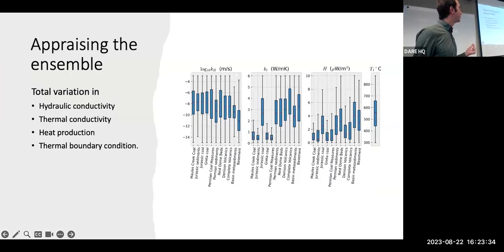Yeah, and because we ran an ensemble of models, we can appraise the hydraulic conductivities, thermal conductivities, and heat productions of all these different layers within our basin. And so, this kind of encapsulates the total variation within our model space.